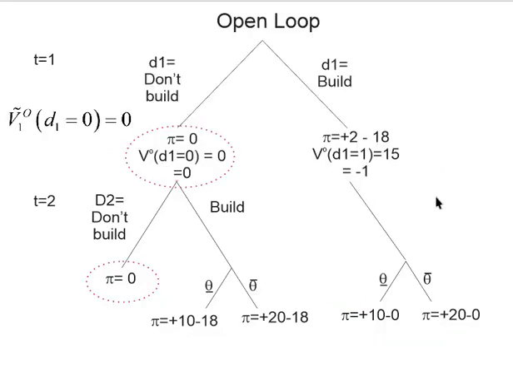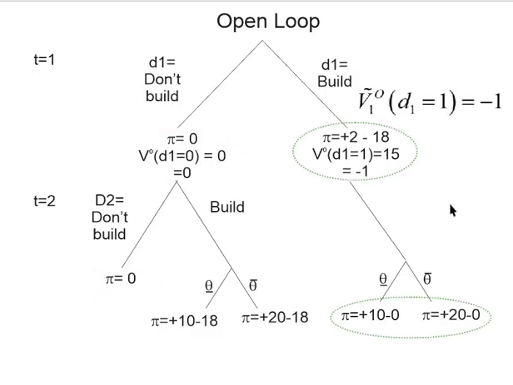All right, we can now tease this out. They use the notation V tilde of D1 equals 0 for the payoff following an open loop decision rule, in which you take D1 equal to 0. That is a payoff of 0 in period 1 and a payoff of 0 in period 2, which we've already shown is what you're going to do if you haven't made the decision to build in period 1.